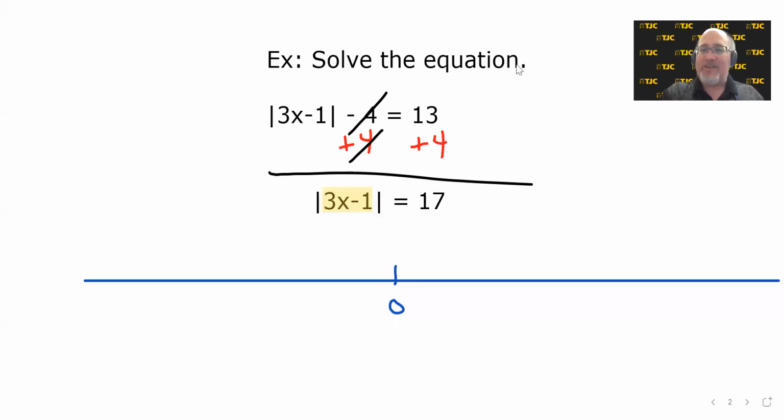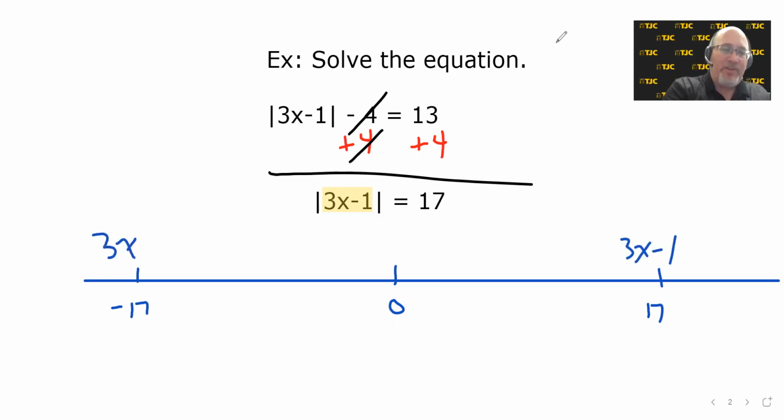If it went 17 spaces to the right, it would put it over here. If it went 17 spaces to the left, it would put it over there. Positive 17 on the right, negative 17 on the left. So the thing highlighted, 3x minus 1, has to be in one of those two places. That means that 3x minus 1 is equal to 17, or 3x minus 1 equals negative 17.